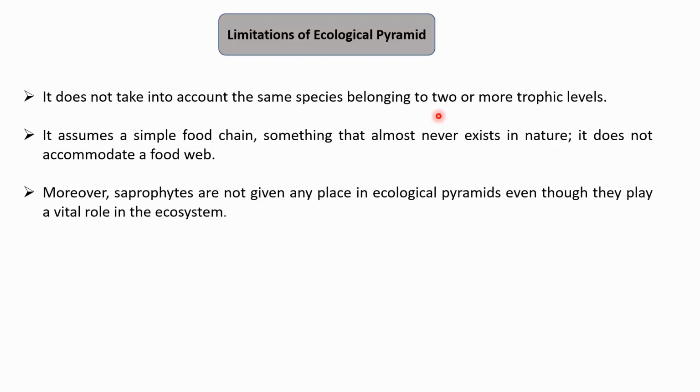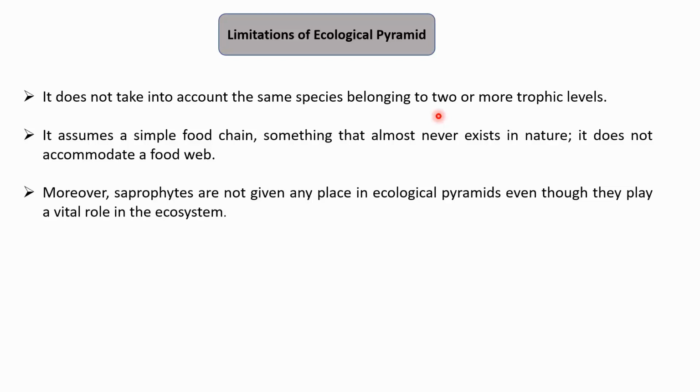Also, while making these ecological pyramids, we just consider the simple food chain, which almost never exists in nature, as we discussed in the last lecture. In nature, usually what we study is the food web, where one organism is interdependent on another, and this interdependency is reflected in different food chains as well.